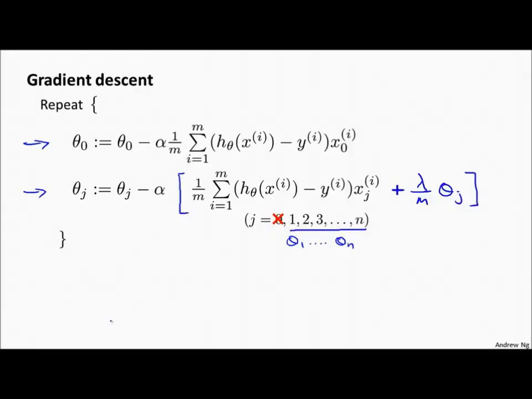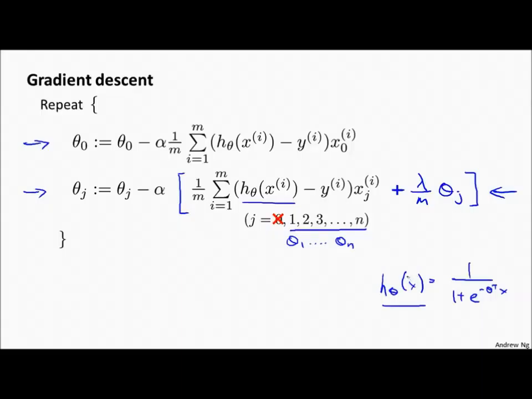And once again, this cosmetically looks identical to what we had for linear regression, but of course it is not the same algorithm, because now the hypothesis is defined using the sigmoid function. So this is not the same algorithm as regularized linear regression, because the hypothesis is different, even though this update looks cosmetically the same as what we had earlier when working out gradient descent for regularized linear regression.